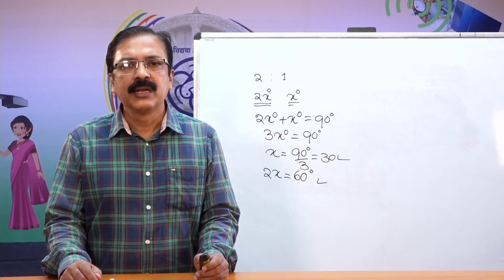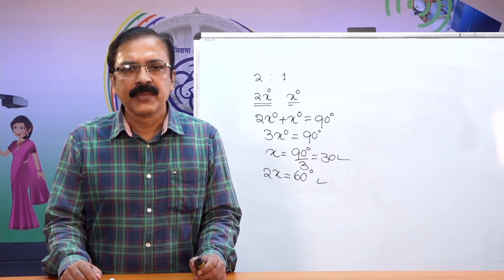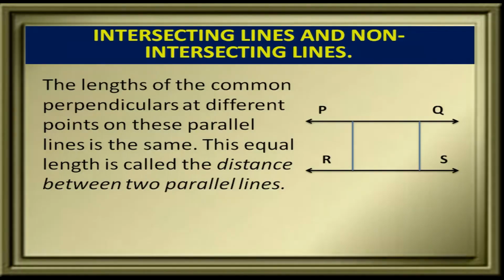How do we know the distance between them? The lengths of the common perpendiculars at different points on these parallel lines are the same. If we draw a line from a point on PQ to RS perpendicular to RS, it will also be perpendicular to PQ.